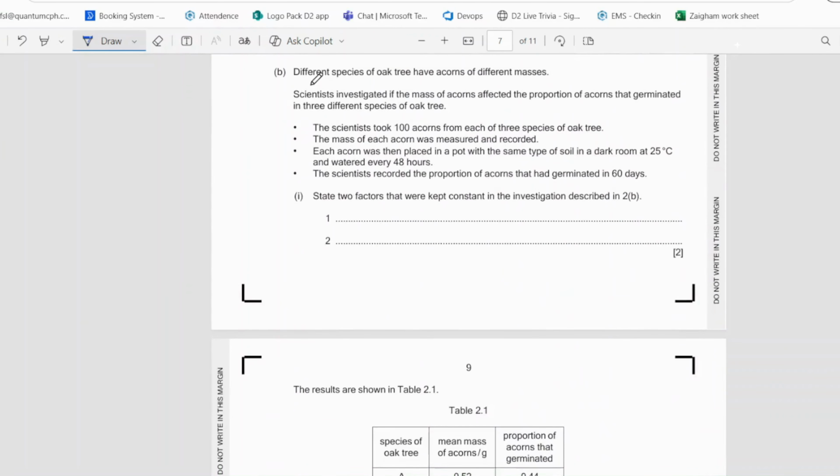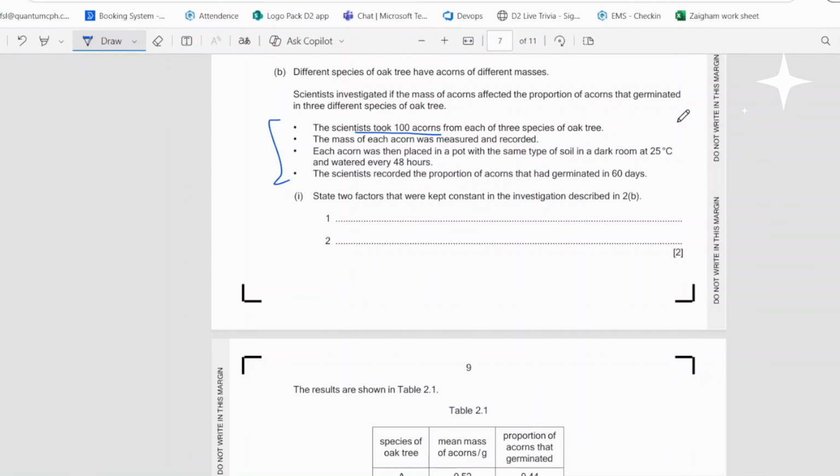Okay. Different species of oak tree have acorns of different masses. Some scientists investigated if the mass of an acorn affected the proportion of acorns that germinate in three different species of oak tree. They took almost 100 acorns for each of the three species, measured their mass, and then placed them in a dark room at 25 degrees Celsius and watered them for 48 days.